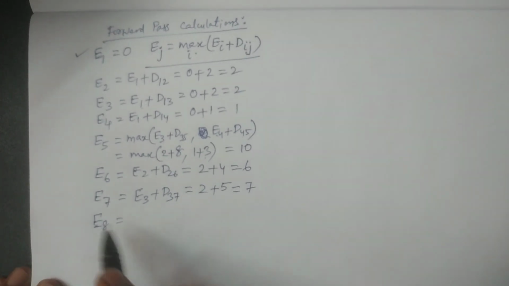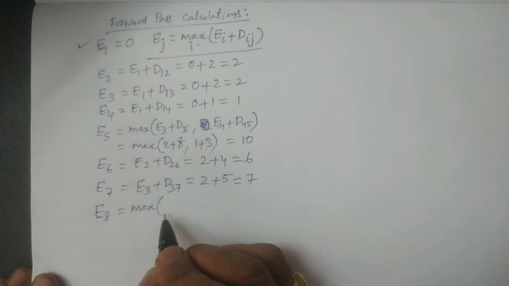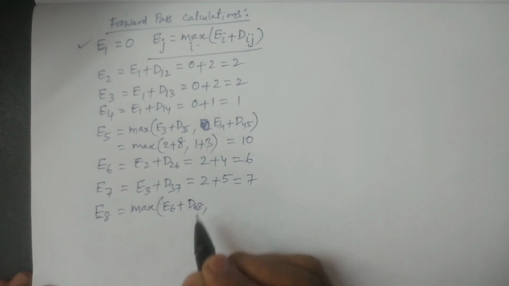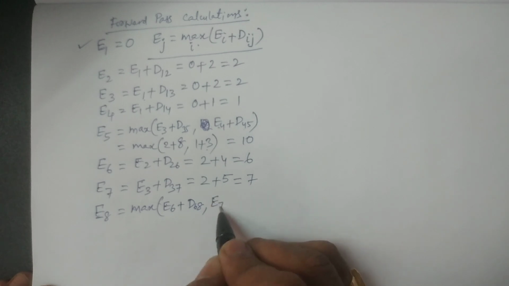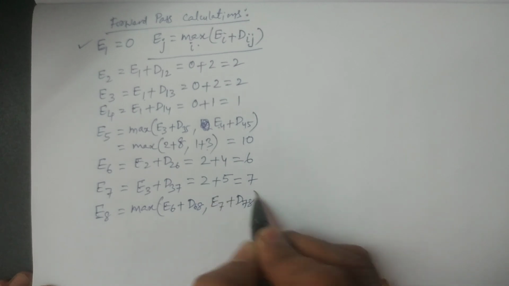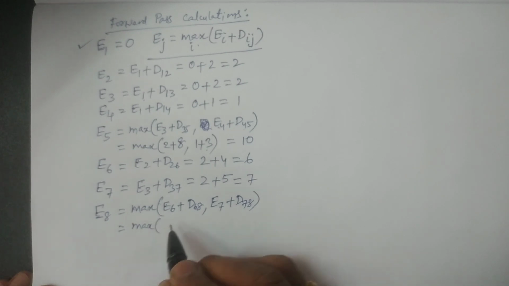Right. So I am using the formula here. E8 is equal to the maximum of E6 plus D68 and E7 plus D78.